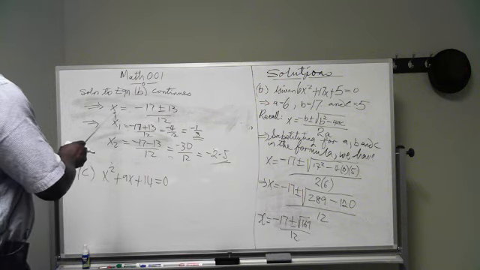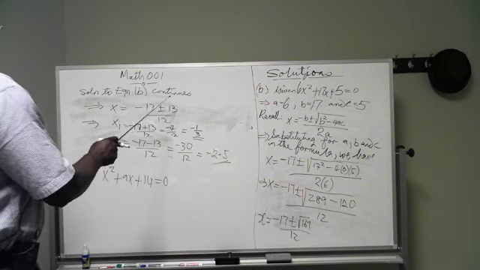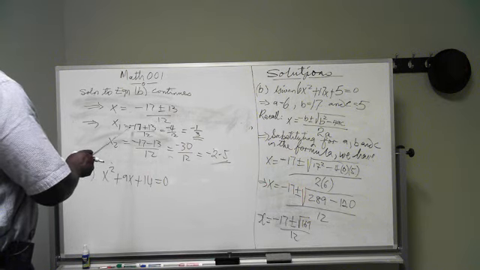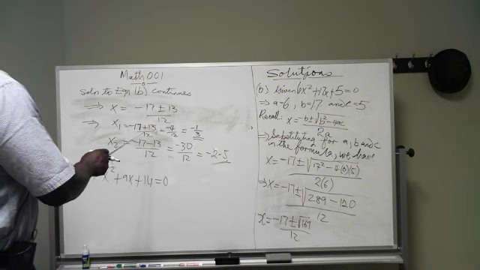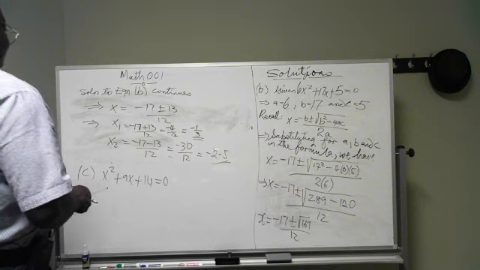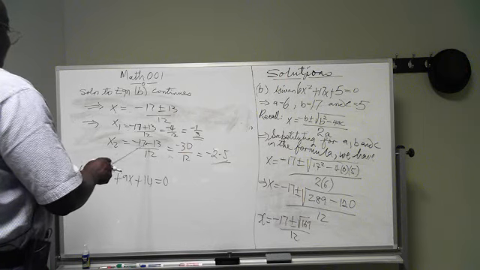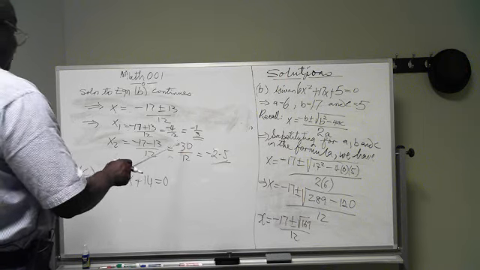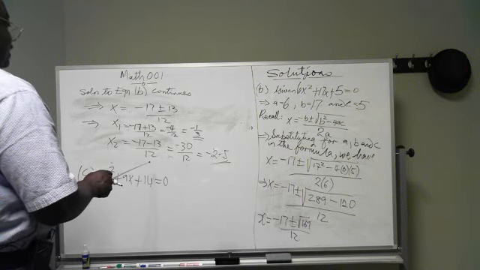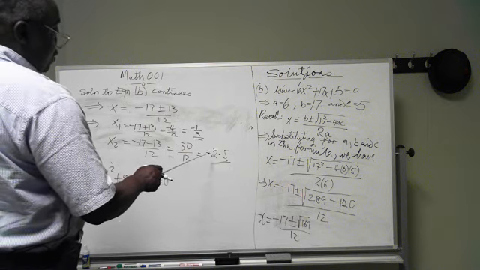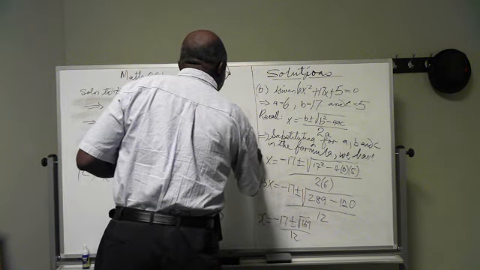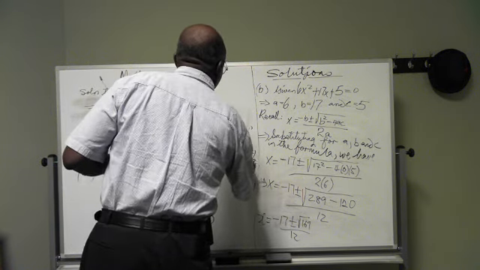So x is equal to minus 17 plus or minus 13 over 12, which further simplifies to x1 equals minus 17 plus 13 over 12, which is equal to minus 4 over 12, which is minus 1/3. x2 is minus 17 minus 13 over 12, which is equal to minus 30 over 12, which is equal to minus 2.5 or minus 5 over 2, whichever way you want to put it.